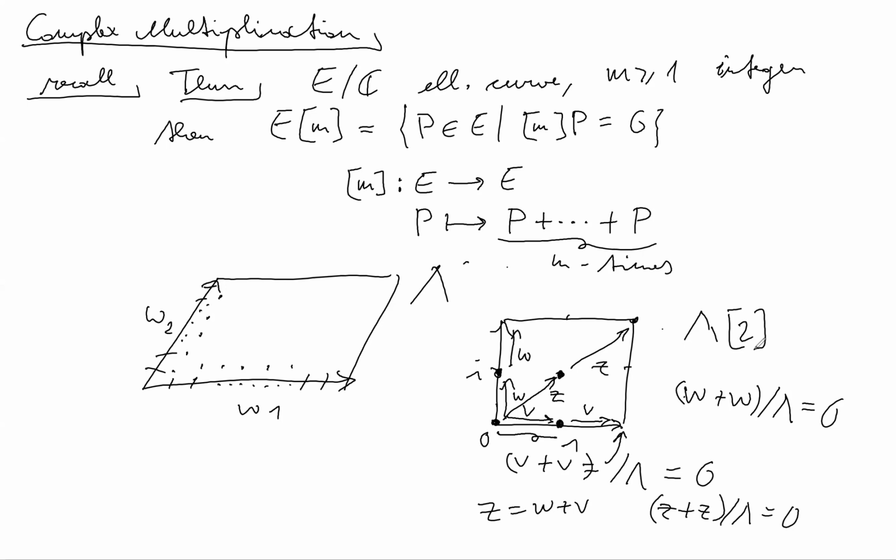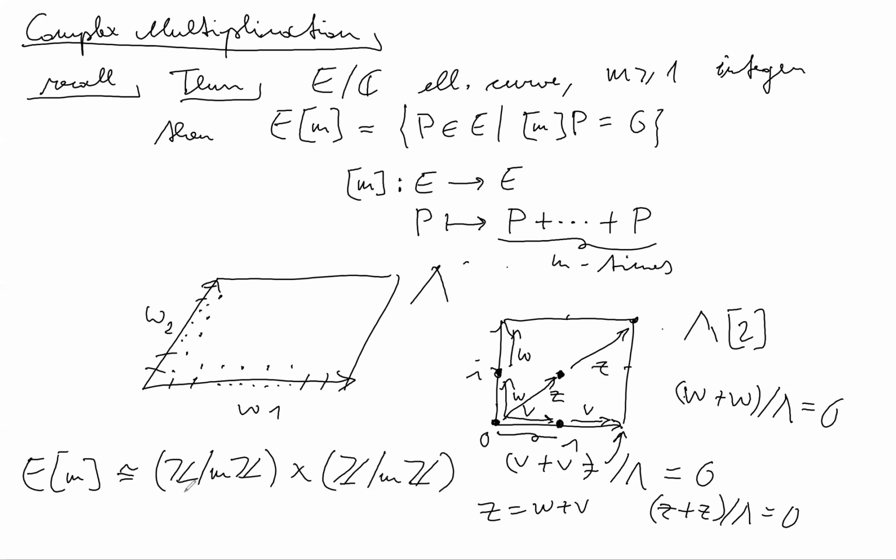That's quite nice. And we also saw that the structure of this m-torsion is just 2 copies of Z mod m. If m is a prime, then you just have 2 copies of cyclic groups.